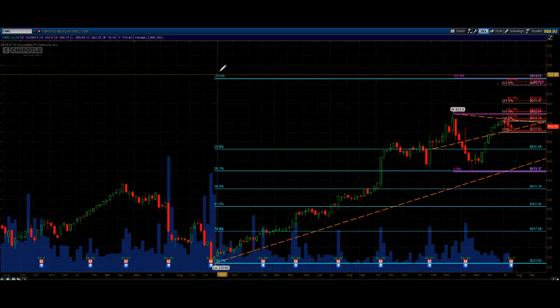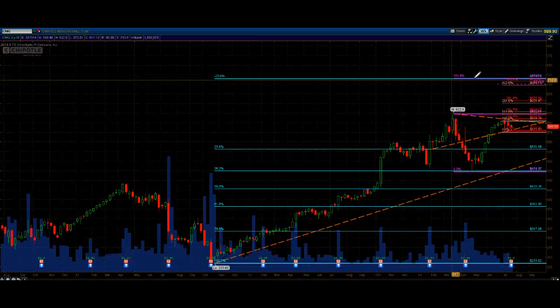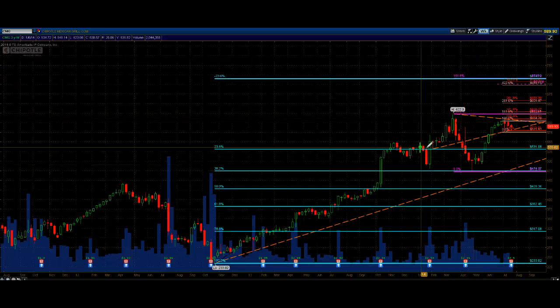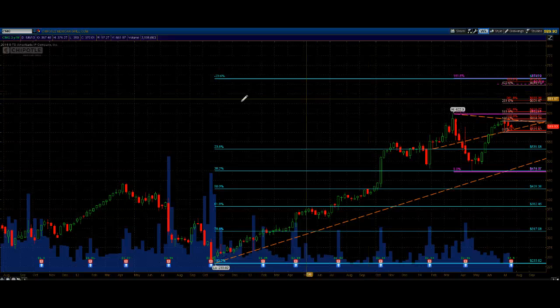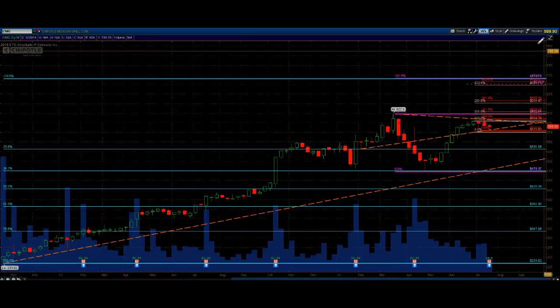And oddly enough, the negative retracement goes up here, right in line with the 161.8 of this pattern, and also well within that range of all these other targets that we had.